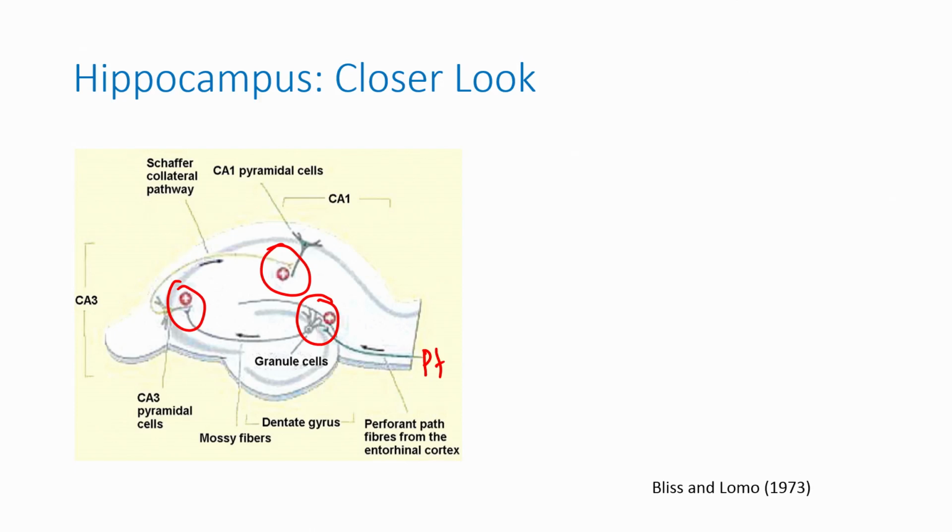Number 1, because it is very uniform, you can structurally say where exactly the fiber bundles are. They are very distinct and easy to visualize, so if you want to stimulate, you can electrically put an electrode in a region and be sure that you are stimulating the input fibers and not anything else.